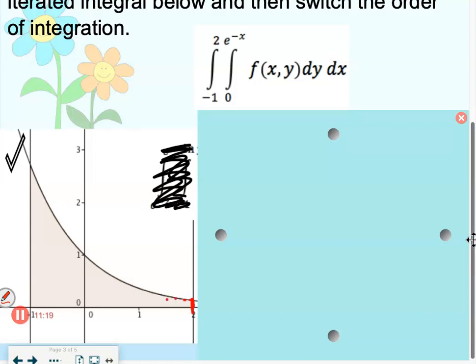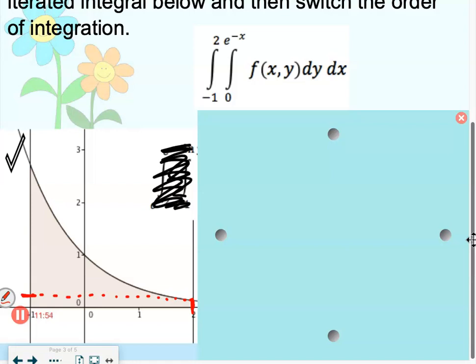So we have to actually split the integral and do one integral from 0 to whatever this number is of this minus this, and then another integral from here to here of this minus that. So you're going to need two integrals.